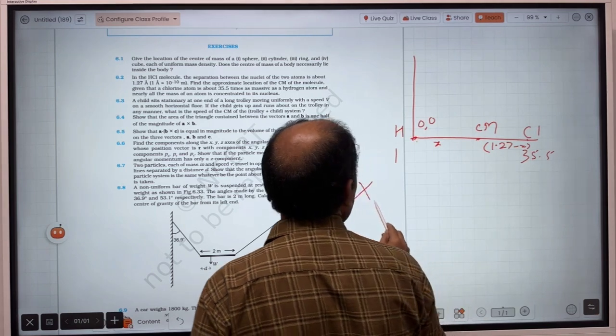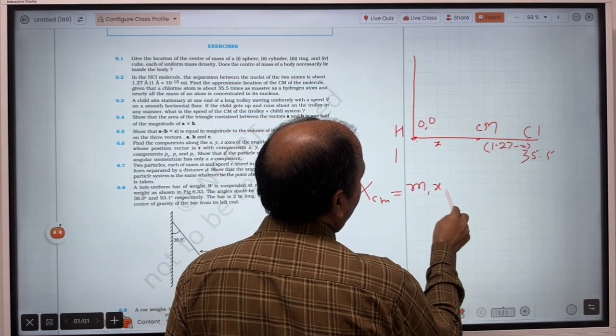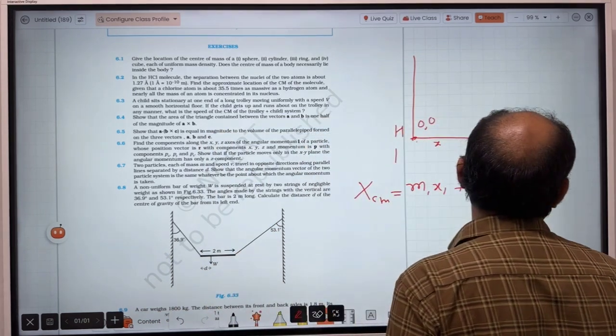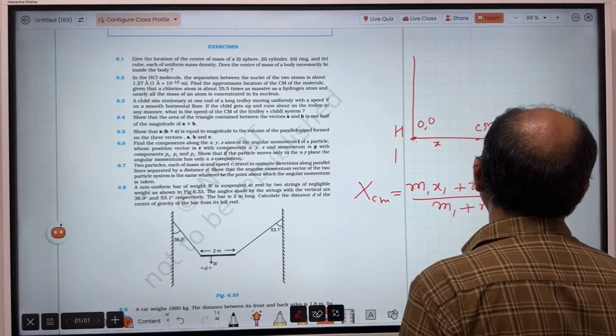Now if you remember the formula, X CM, what is the formula? M1x1 plus M2x2 divided by M1 plus M2.